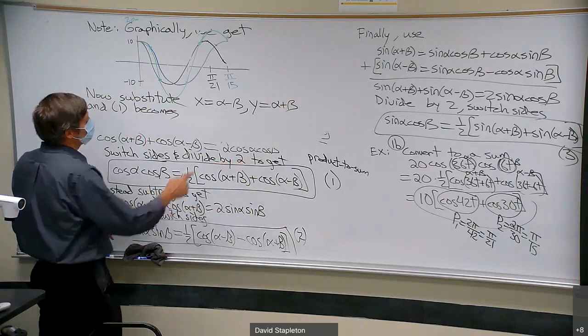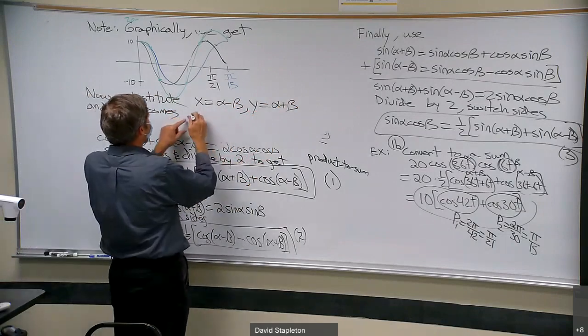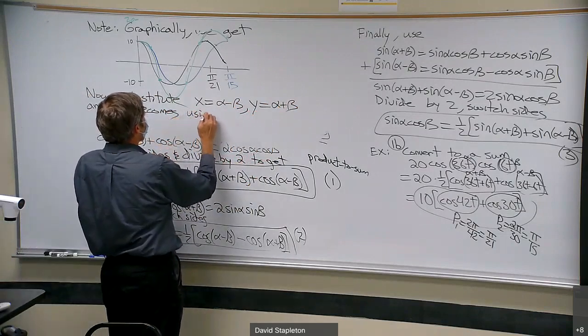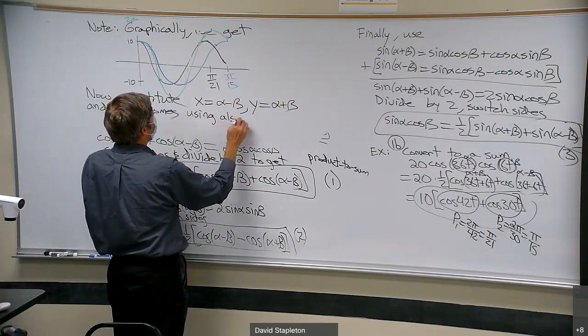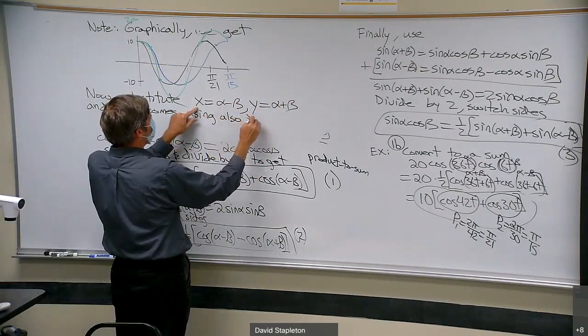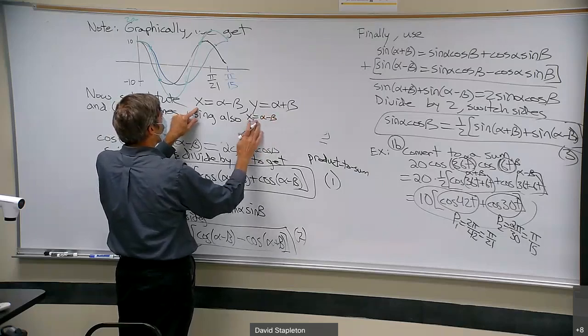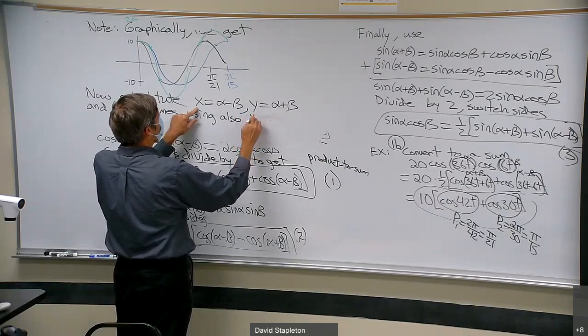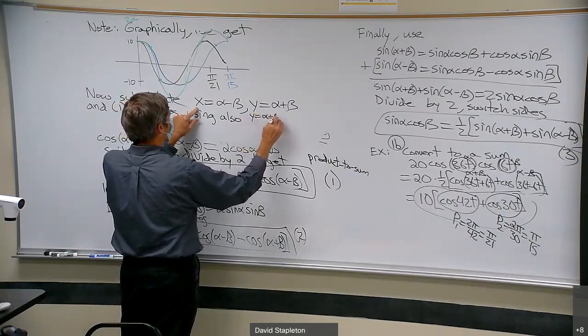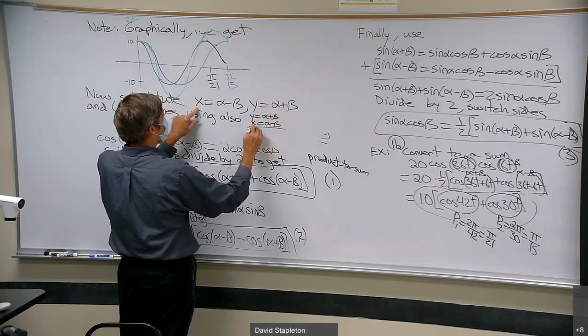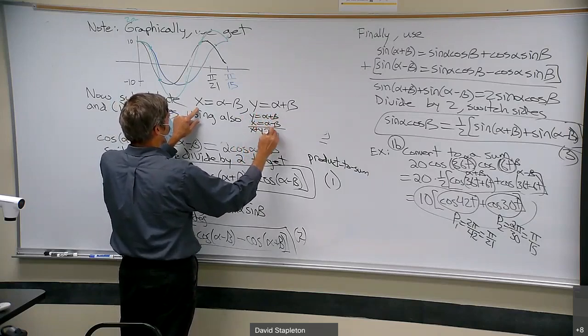So we have x equals alpha minus beta, y equals alpha plus beta. You add these, you get x plus y equals 2 alpha, right?